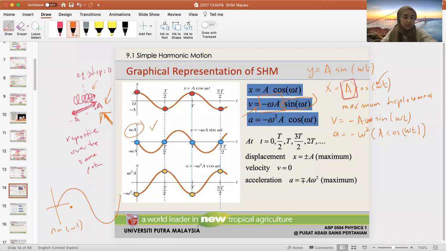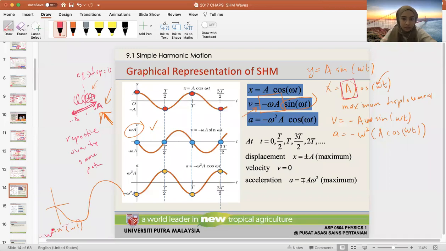Dia start from a minus, so dia akan jadi macam ni instead. So what is the amplitude? Sorry terbalik-terbalik semua, minus omega A. What is the maximum amplitude over here? It is omega A, exactly the same. Graph dia, sign yang terbalik sebab negatif.